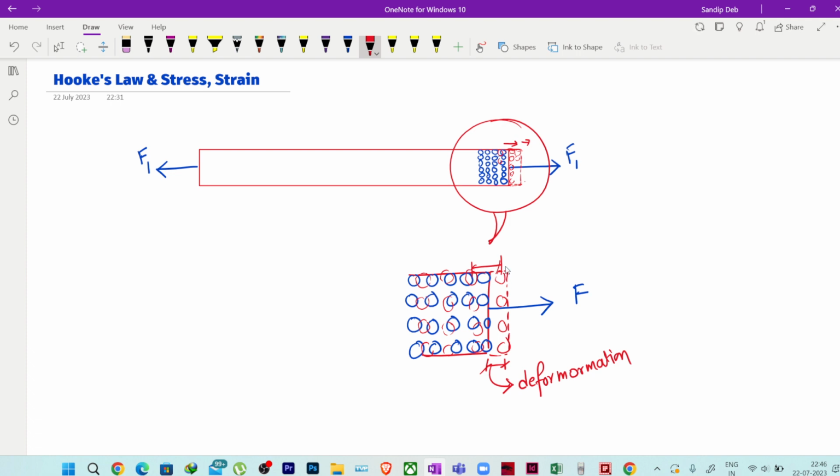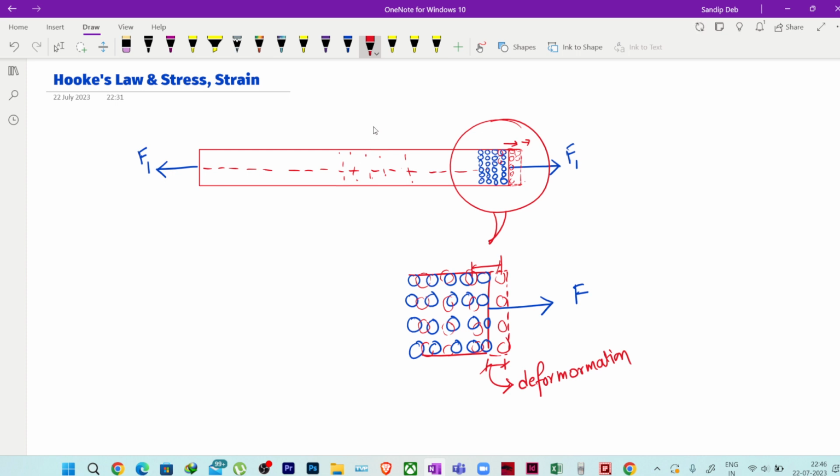Correct? The same thing is happening at this end also, and as the force is acting, suppose this is the axis of this particular bar, and if I apply the force exactly along the axis of the bar, what will happen? All the molecules present in this bar will equally displace.